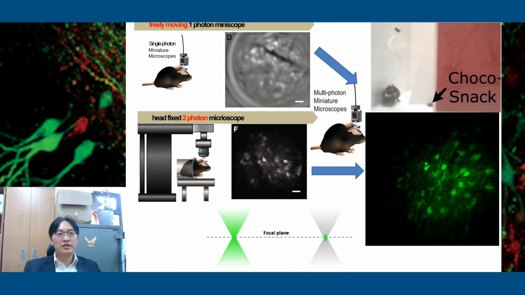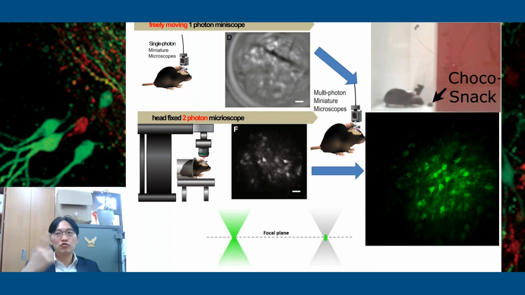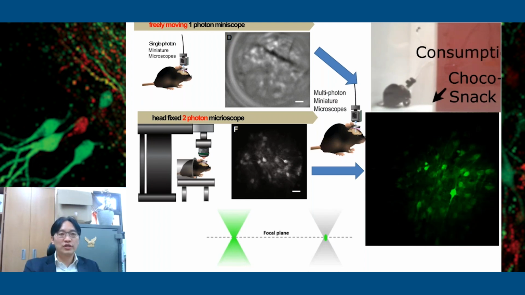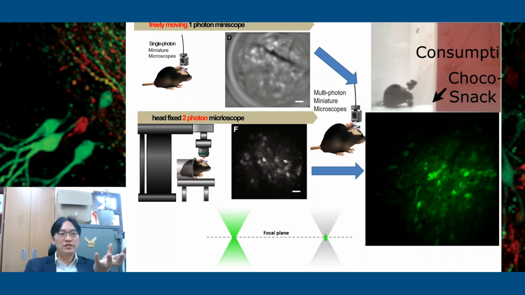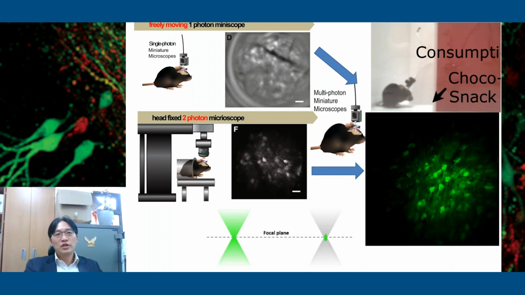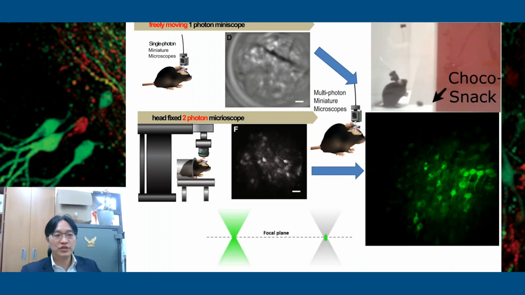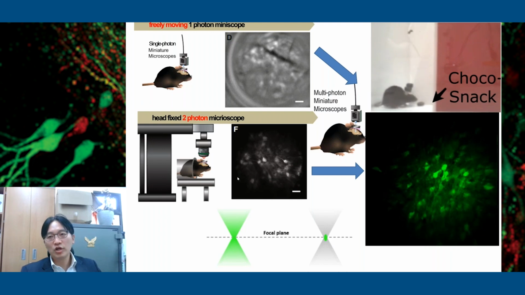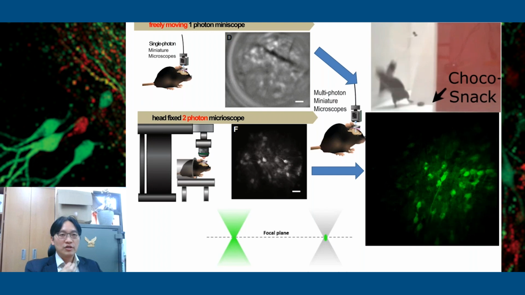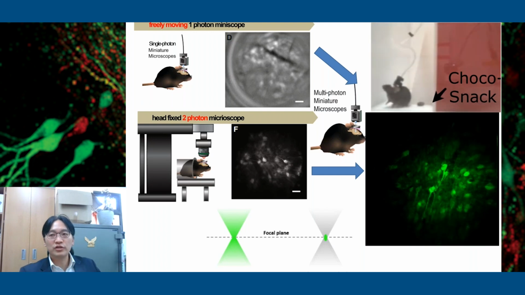I think that when we combine the two-photon miniscope with the functional and molecular imaging, then we'll have the functional identity and molecular identity linked, and then that will answer much more questions. We can do this with the head-fixed two-photon right now, but most of my study requires this fully naturalistic freely moving setting.